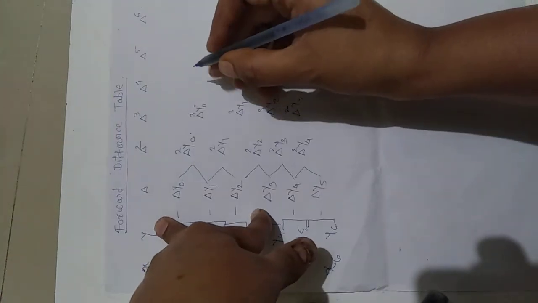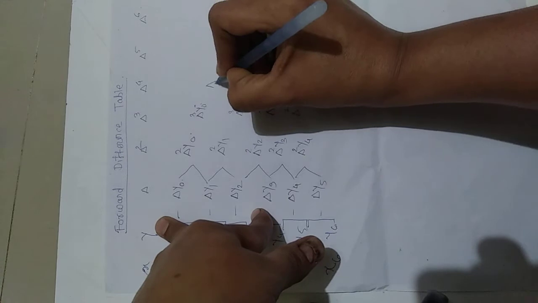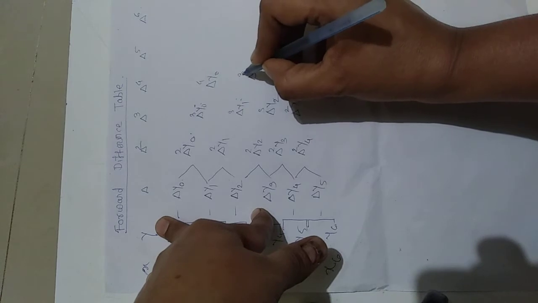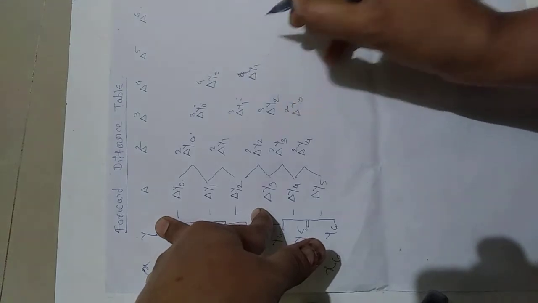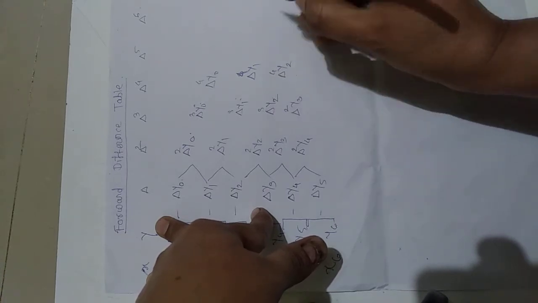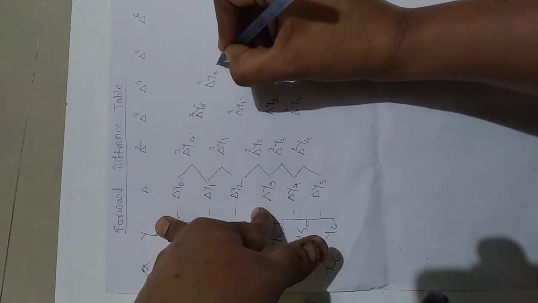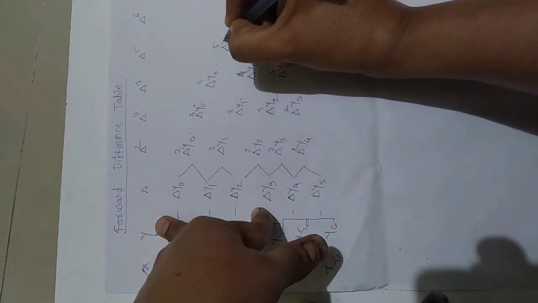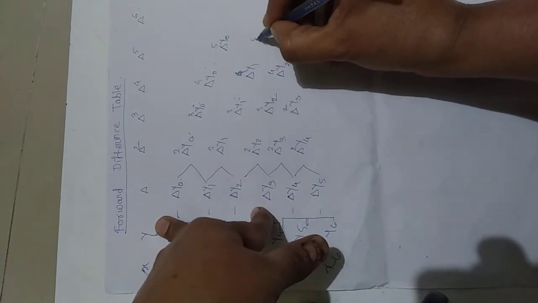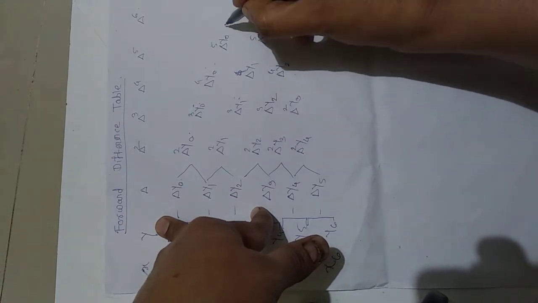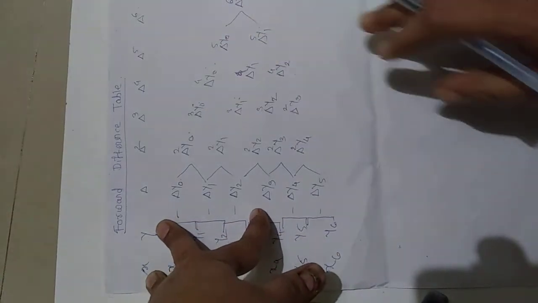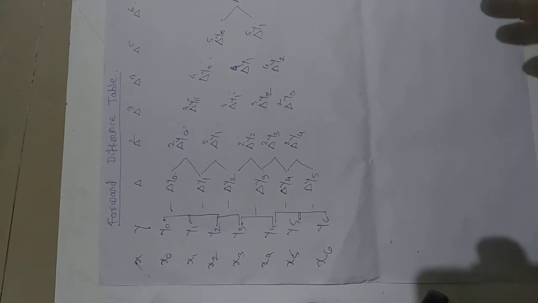Then del raised to the power 4 y0, del raised to the power 4 y1, and del raised to the power 4 y2. Then del 5 y0, del 5 y1, and del raised to the power 6 y0. This is the forward difference table.